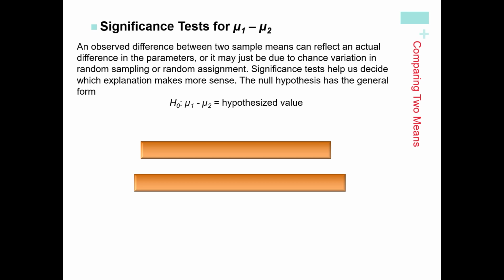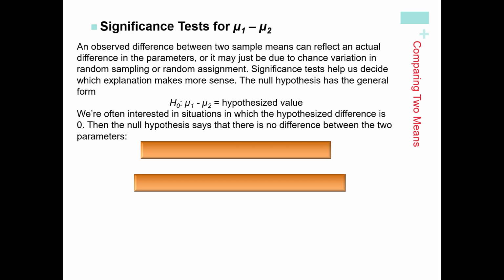Now in this course we're going to stick to that hypothesized value being 0. So for our null hypothesis we're always going to set up either mu1 minus mu2 equals 0, or if you rearrange that equation a little bit, mu1 equals mu2. So basically the null hypothesis is there is no difference between the means.